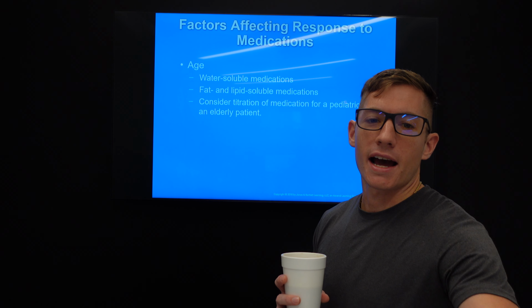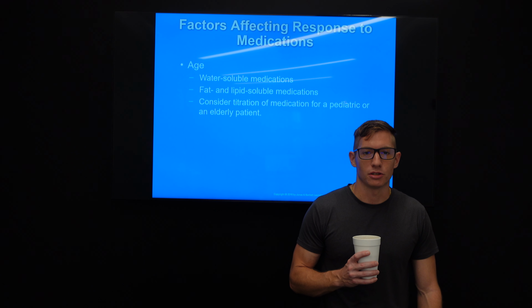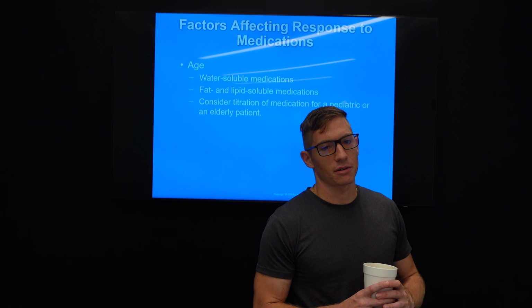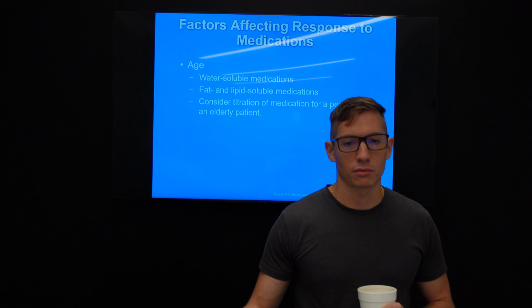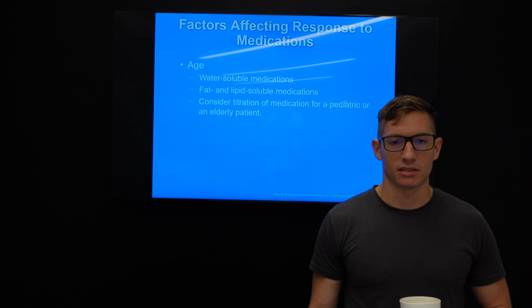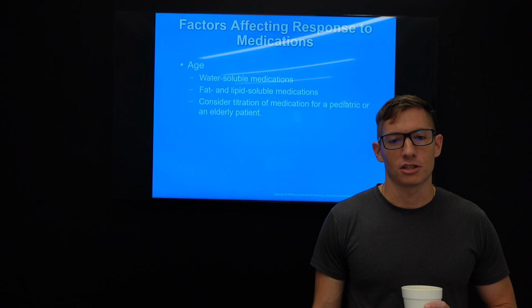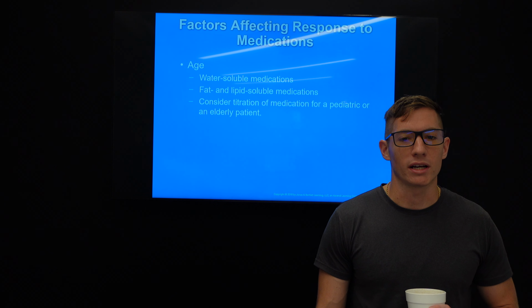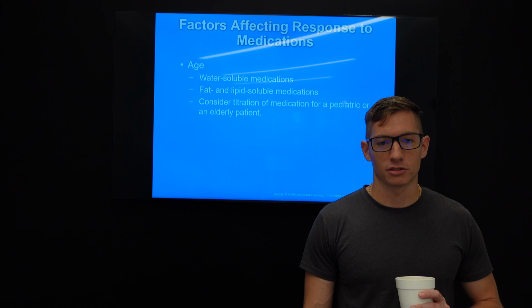Factors in how medication affects a patient include weight-based dosing. So age is going to matter. Water, lipid, and protein are the three primary types of body substances that medication distributes through. With water-soluble medications, higher weight-based dosages must be administered to infants than to adults or elderly people.